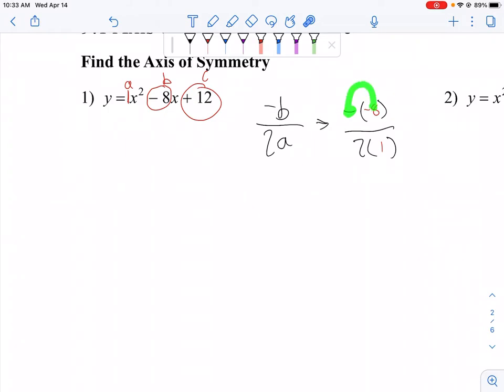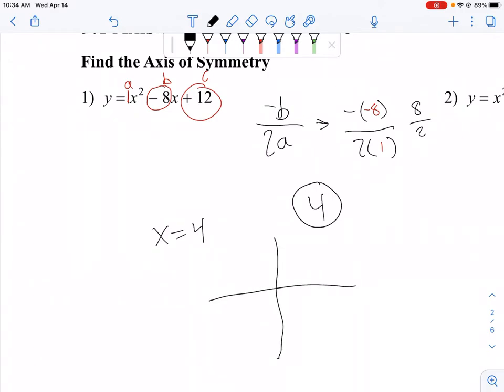So the opposite of negative 8 is positive 8 over 2 times 1, which is 2. And then if I reduce 8 over 2, I get 4. So our axis of symmetry is x equals 4. And that is a line. So if I have a parabola here, our axis of symmetry is this dotted line that goes through 4. 1, 2, 3, 4.